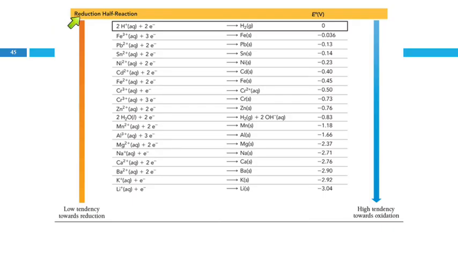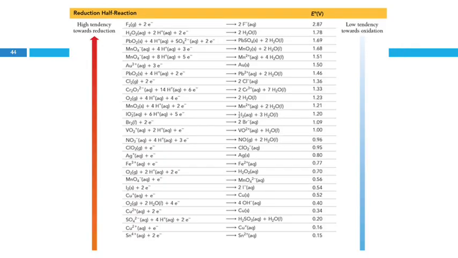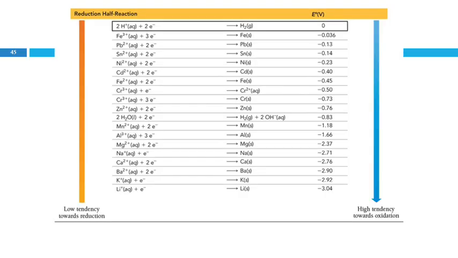So these are all reduction half reactions. And they're written, there's the top of the table. They go from a low tendency towards oxidation to a high tendency towards oxidation. And the standard hydrogen electrode is in the middle.